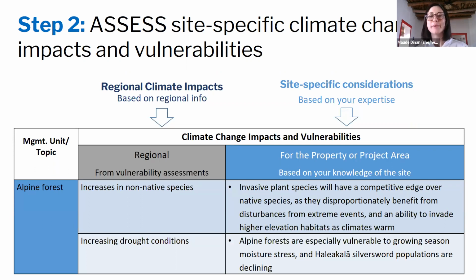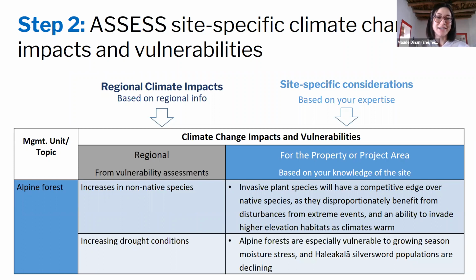Overall, you want to remember that this first part of step 2 is about scaling down regional impacts based on these broad scale projections that you'll have been exploring, down to site-specific impacts that are essentially based on your expertise. Y'all know the area best.